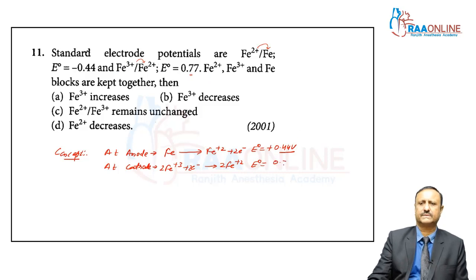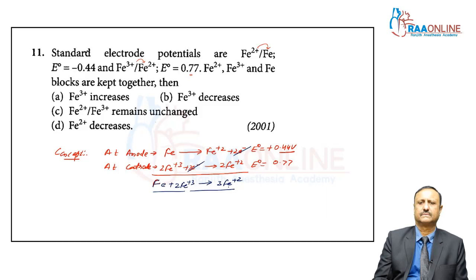Now my dear students, when you add both the anode and cathode values, the 2 electrons are cancelled with each other. You get Fe plus twice Fe plus 3 to give thrice Fe plus 2, 2 plus 1, thrice Fe plus 2.